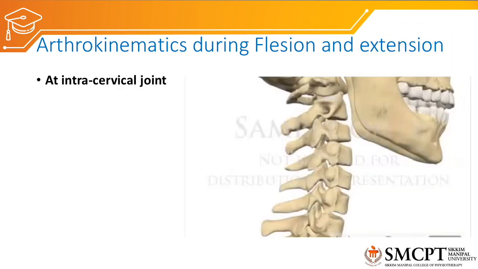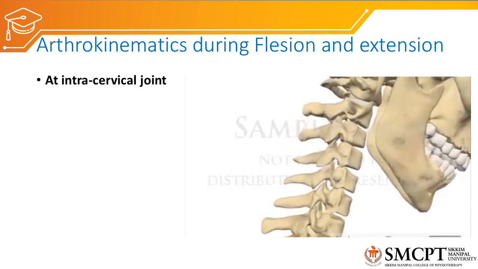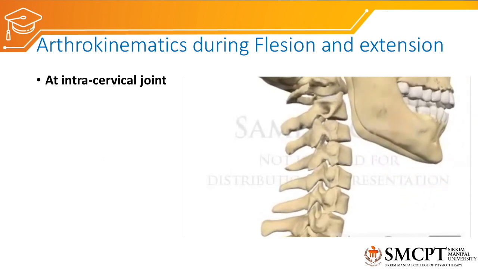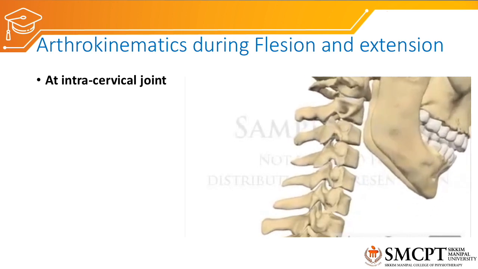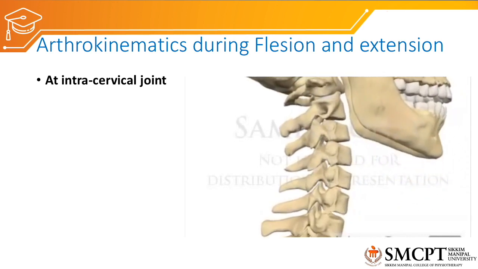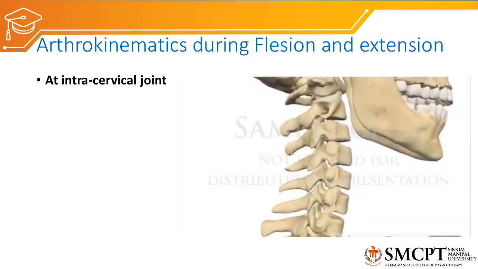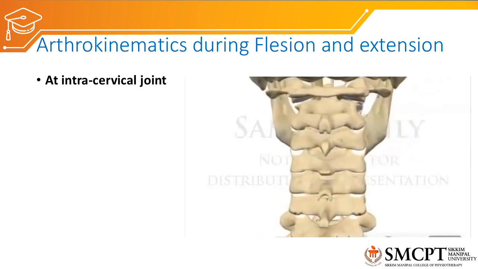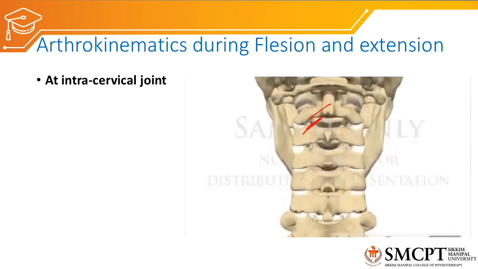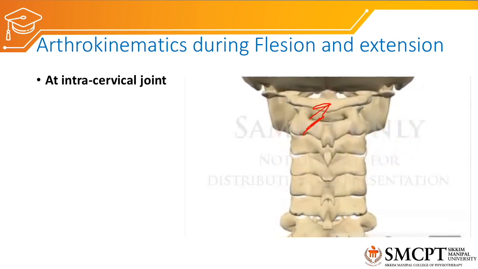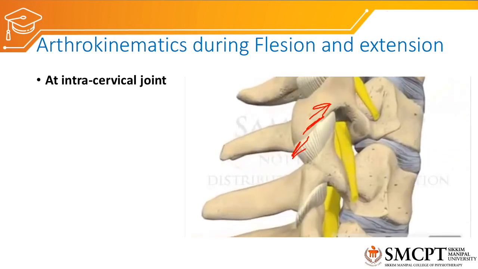Again, you can visualize this video here to see the sliding of the facets on the superior articulating facet of the inferior vertebra. See here, this inferior articulating facet is sliding anterior-superiorly during flexion and posterior-inferiorly during extension on the superior articulating facet of the inferior vertebra.